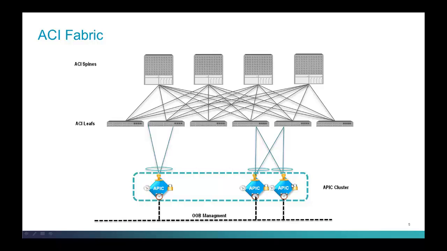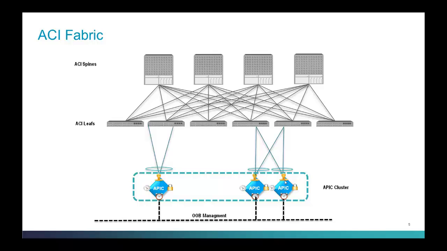They'll have the same perspective of the overall fabric. This is really cool in the sense that obviously if one goes down, the rest will have the replicated data. The data is replicated in what's known as shards. So it's the actual data being synchronized across all APICs, which is pretty cool.